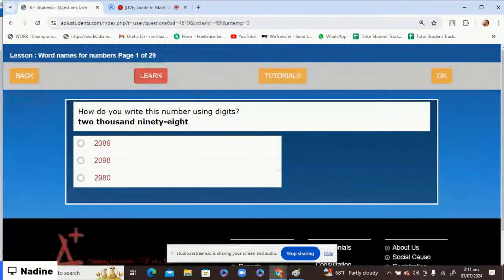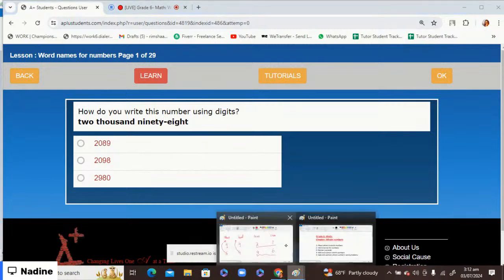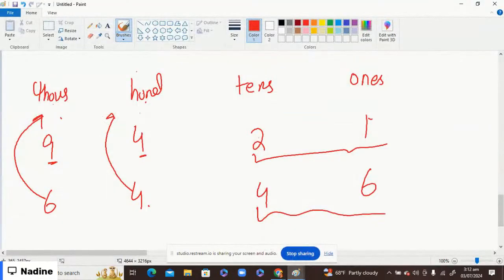So here is the question. In the question they are asking how do you write this number using digits? 2098. Look here, 2 is in thousand place, 98.